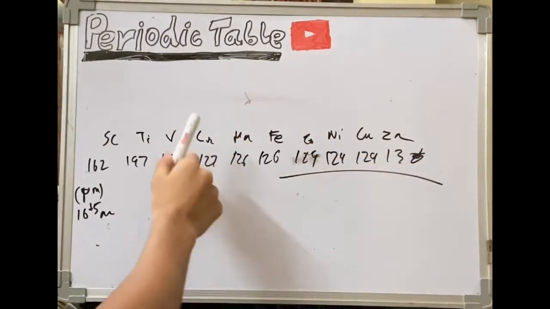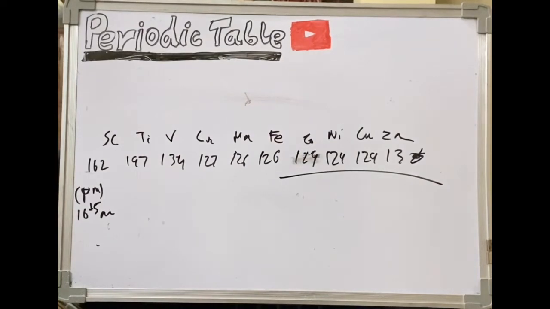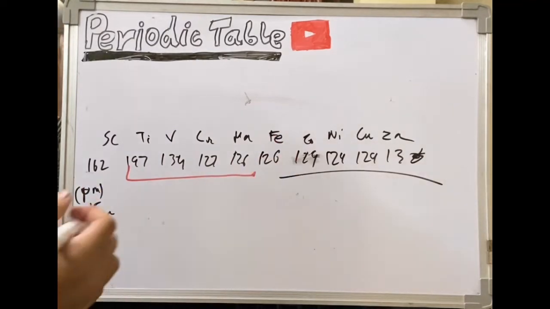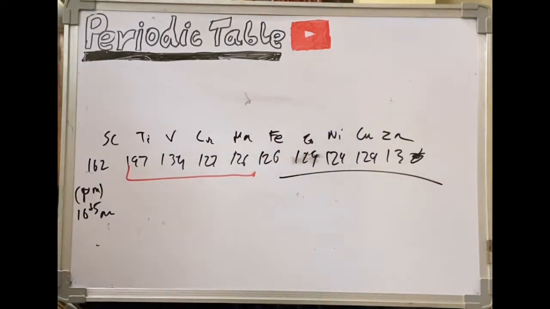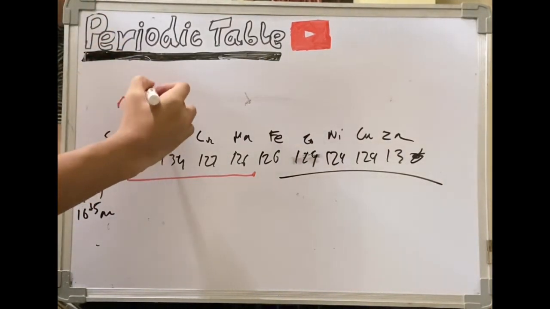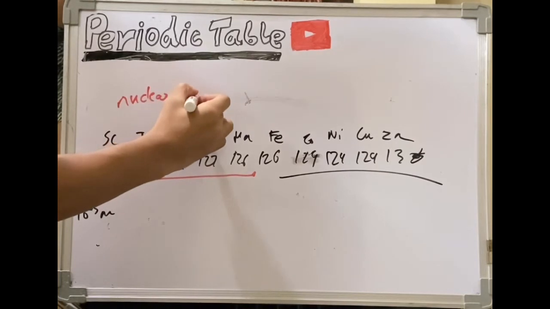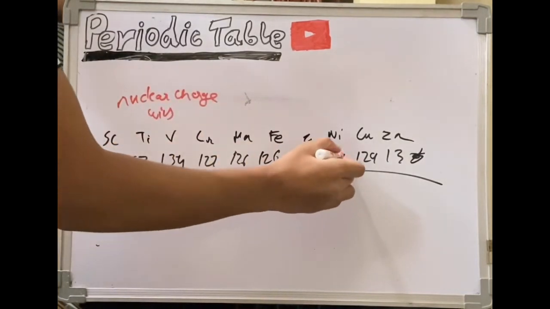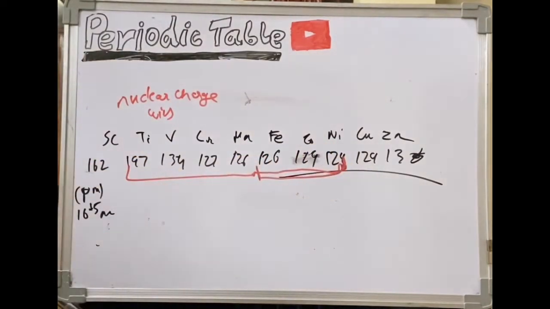Now the reason behind this is that till Mn the effective nuclear charge is, you can say, more pronounced than the shielding effect. Hence here you can say nuclear charge wins. Now in this one, the nuclear charge is nearly equal to the shielding effect.